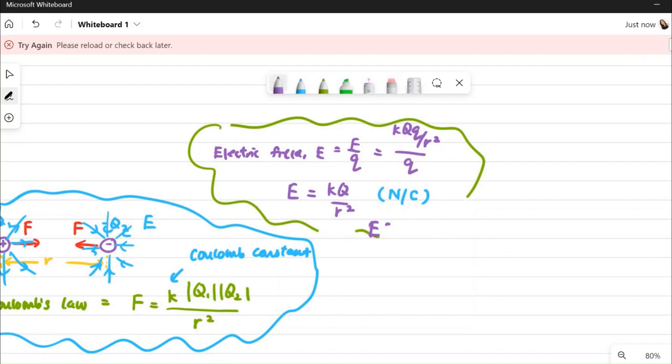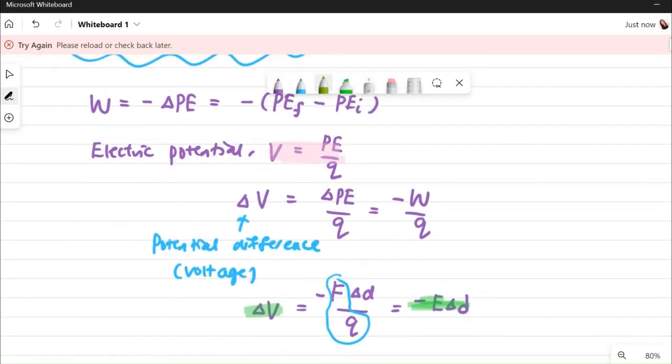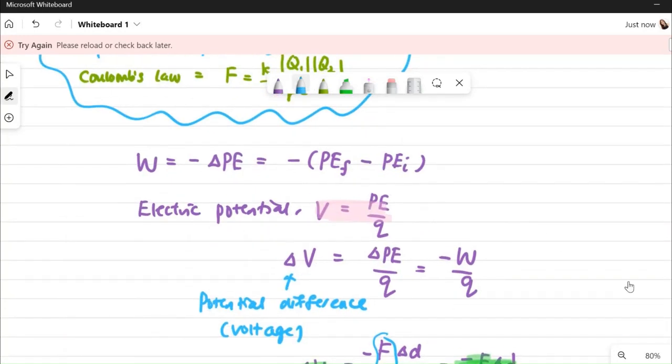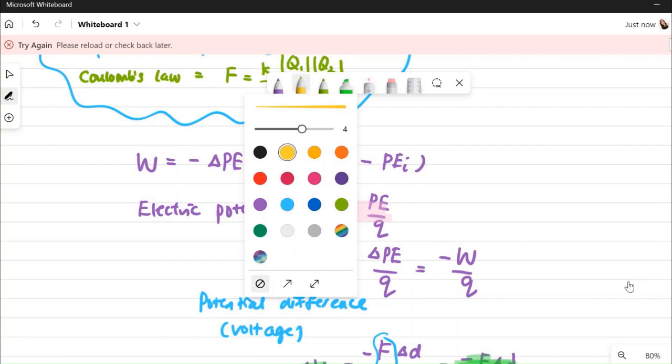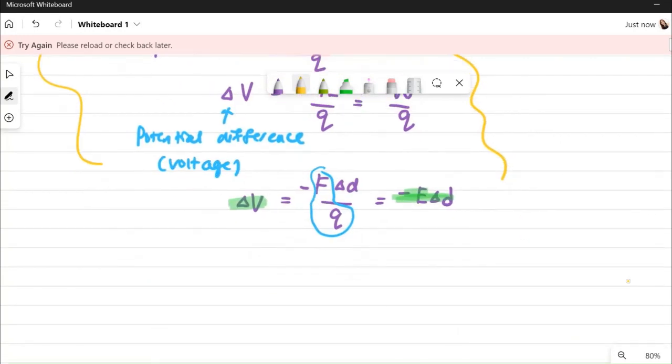Electric potential can also be related to the potential difference V, where delta V is the potential difference. I just rearrange it, moving the delta D to the other side of the equation. So this is another subtopic.